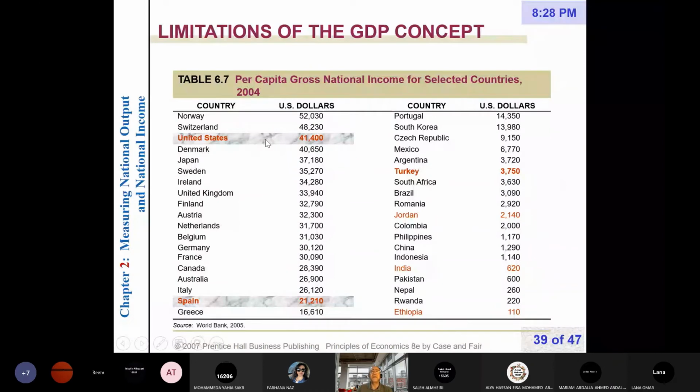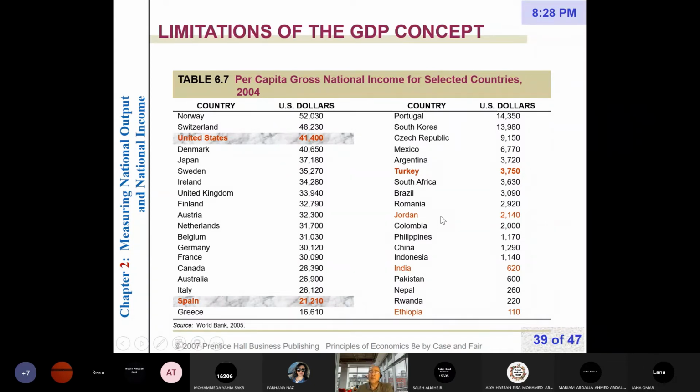In this table, an average person in the United States consumes goods and services worth more than $40,000 per year. In Spain, it is half, $20,000 per year. In Turkey, it is less than $4,000.